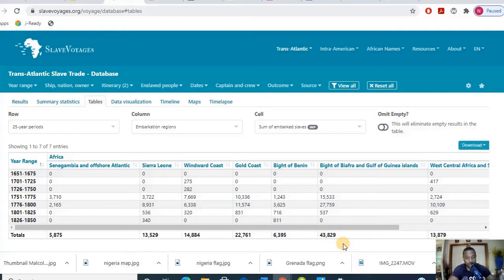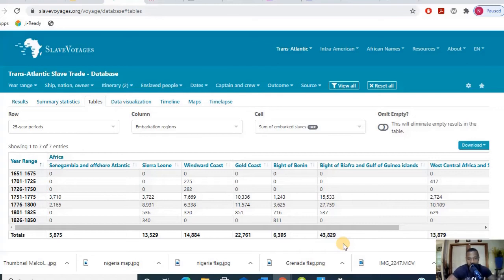Most of the Africans passing through these ports, a lot of secondary sources and historians will say, were Igbo people, especially passing through Bonny, Calabar, and New Calabar. So there's a large Igbo ethnic presence in the island of Grenada.